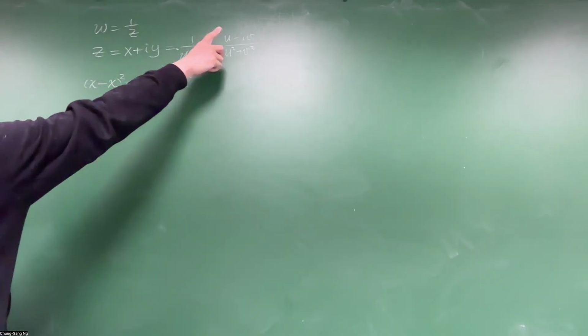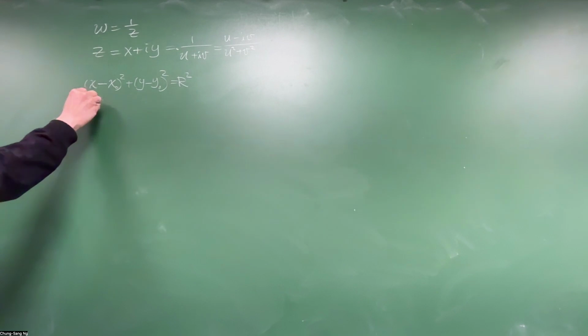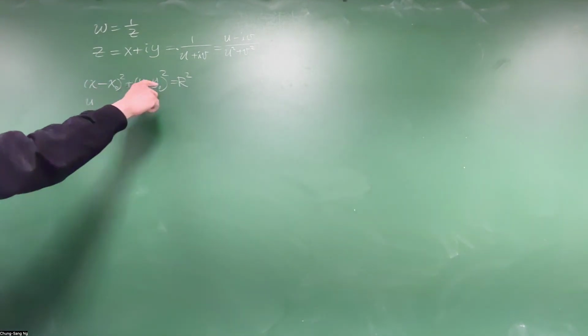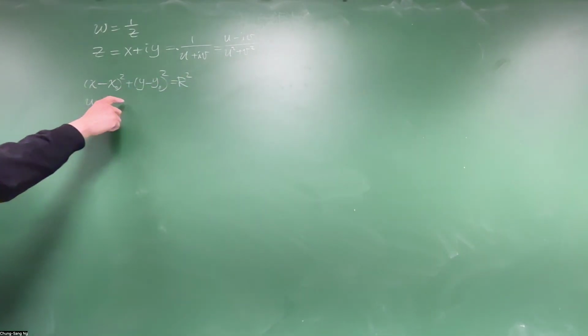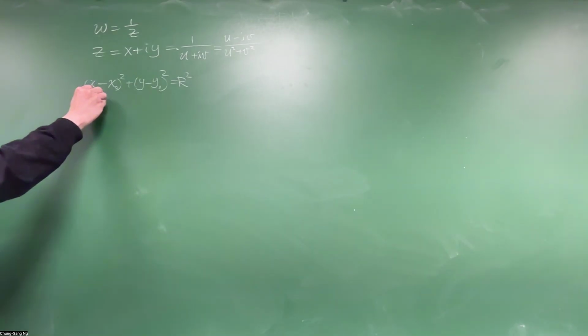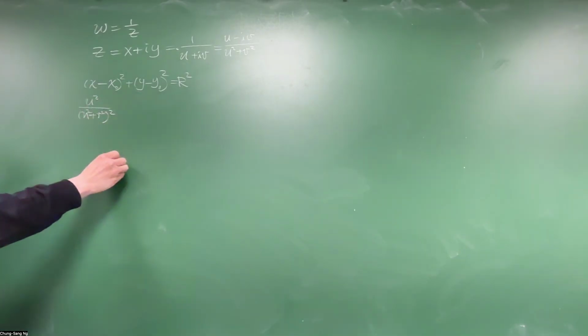You just substitute all this transformation. Let's take all the squares out in this step, so we just save one line. X is U over U squared plus V squared, so X squared becomes U squared over (U squared plus V squared) squared.